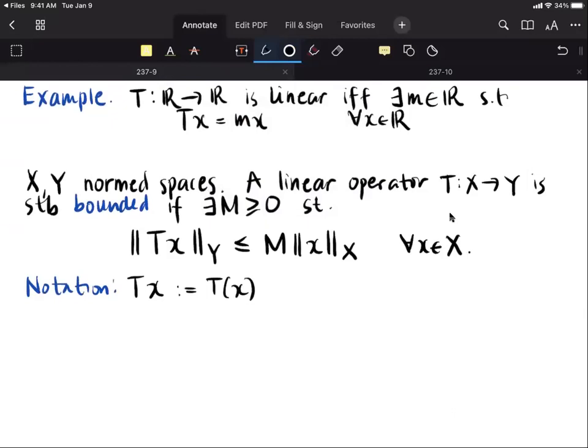In particular, linear operators map bounded sets in X into bounded sets in Y according to this inequality.